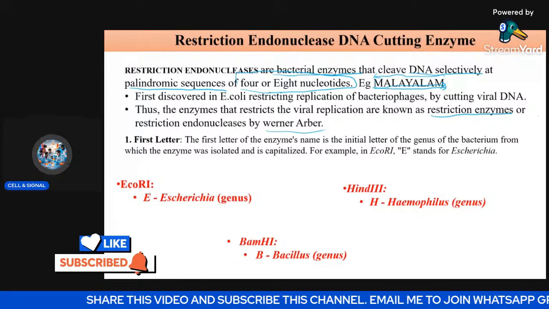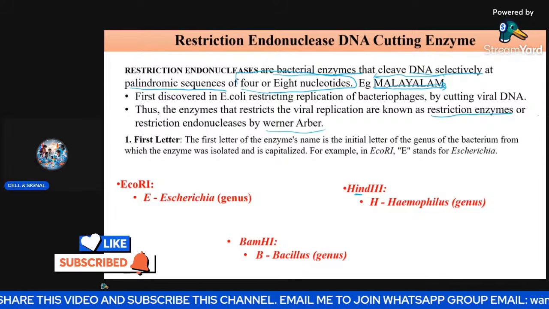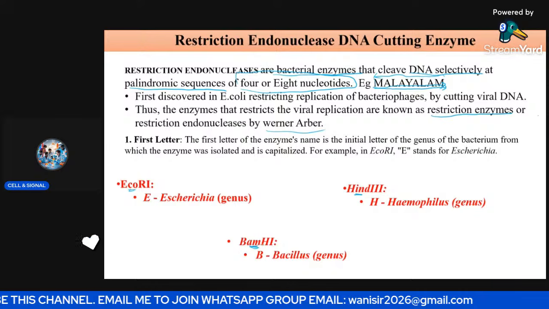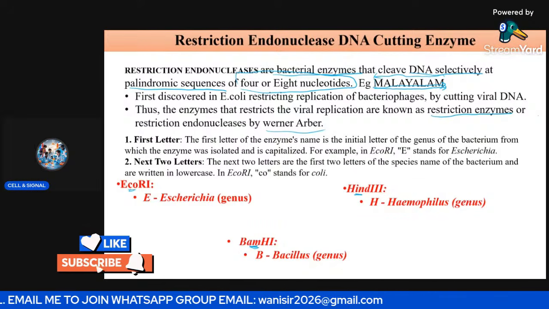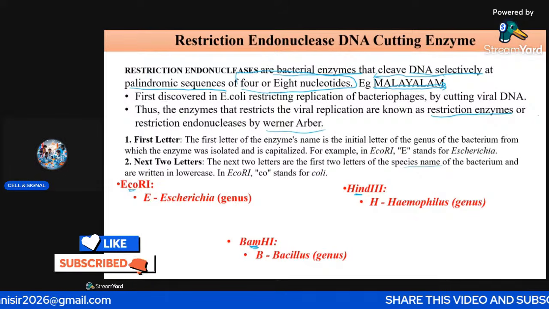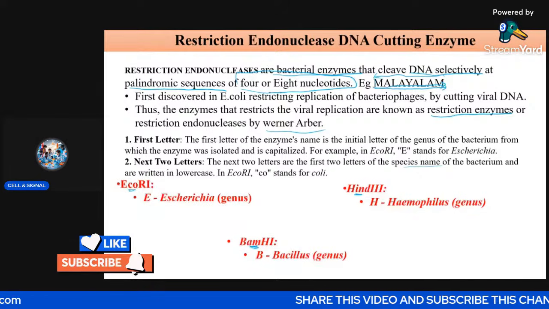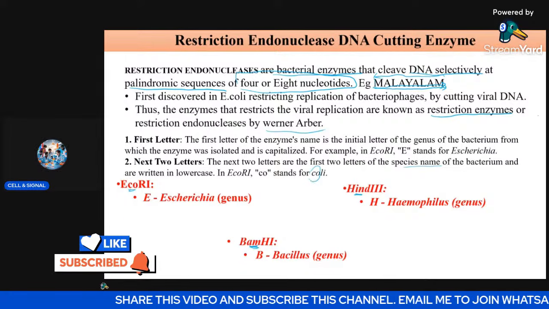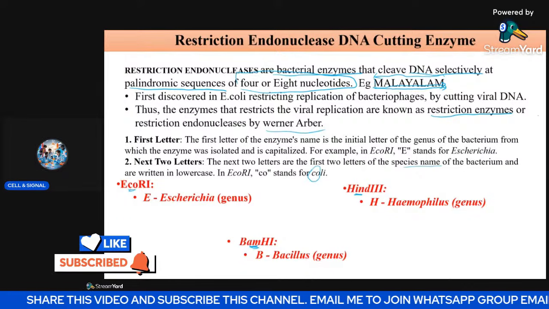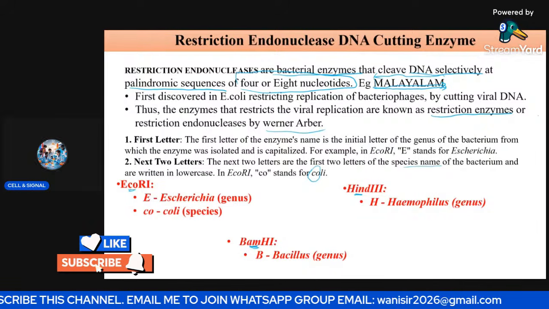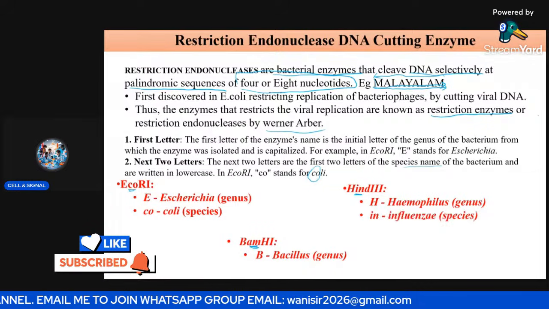Now there are the next letters, like co, in and am. What is this second part? The next two letters are the first two letters of the species name. In case of Escherichia coli, this co is from coli. Like co is the coli species.